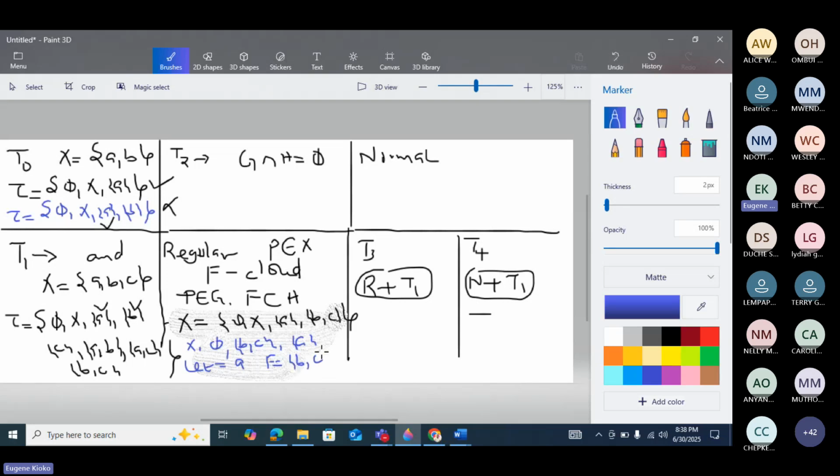Then you ask yourself, in the topology, do we have a set containing P, containing A? Yes. Do we have a set containing F, BC? Yes. Then we shall say that one is a regular space.